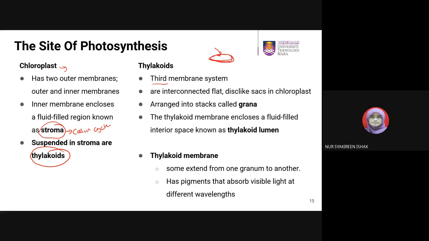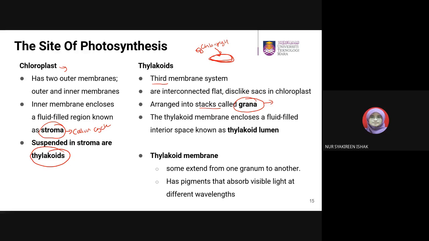So the thylakoid membrane is where chlorophyll are embedded. Okay, chlorophyll are embedded. So the chlorophyll will absorb light energy from the sunlight. Okay, so you have stacks of thylakoid which are called grana. Okay, grana. So arranged into stacks called grana.